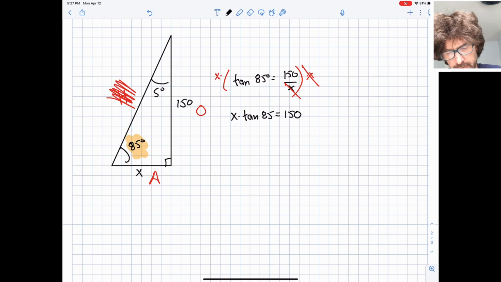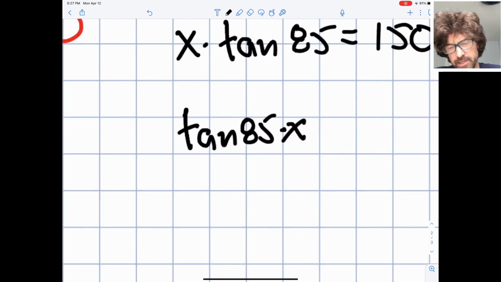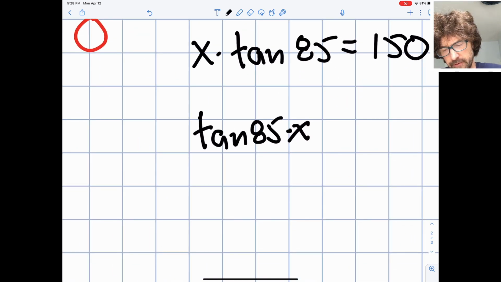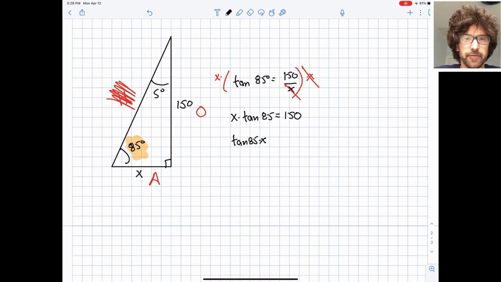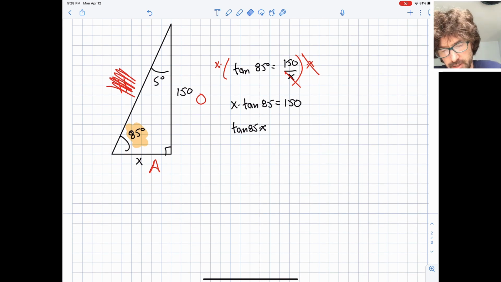Another thing I did not do, I did not write tangent of 85 times x, because in that case it would be unclear. Are we talking about the tangent of 85 times x, or are we talking about the tangent of 85x? We're actually talking about the former, tangent of 85 times x, but it's much easier to just write the x out front, and then you don't need to worry about needing parentheses or misinterpreting that expression.